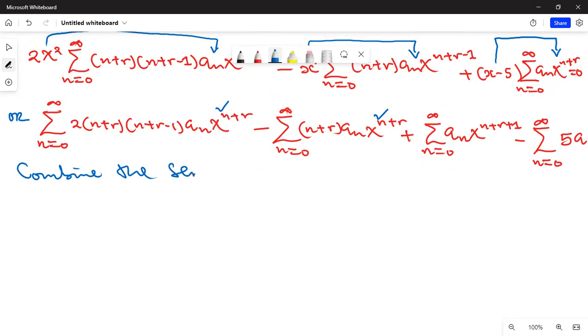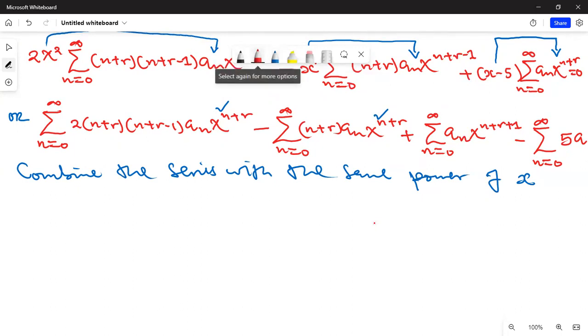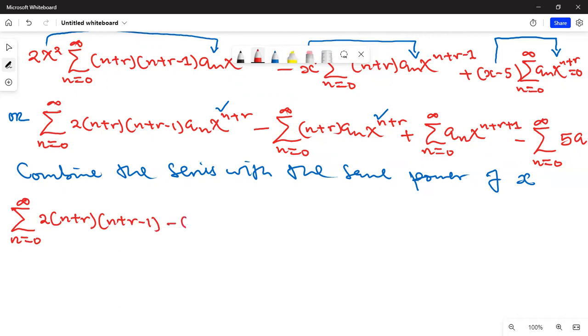This is what we are going to have: the sum from n equals 0 to infinity of, here we have 2(n plus r)(n plus r minus 1), the other one is minus (n plus r), and the last one is minus 5.